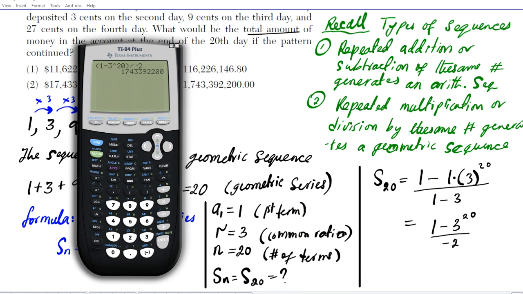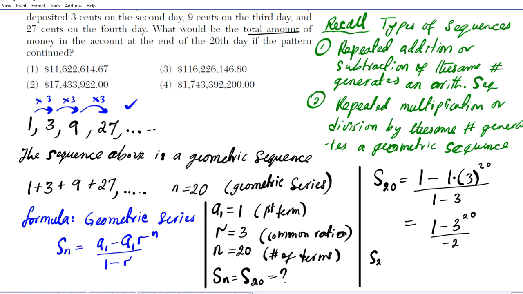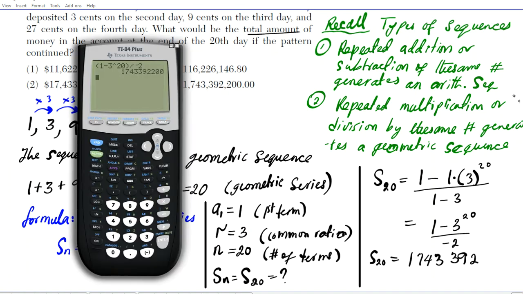The sum of the first 20 terms of this geometric sequence, so S20, is 17433922200.